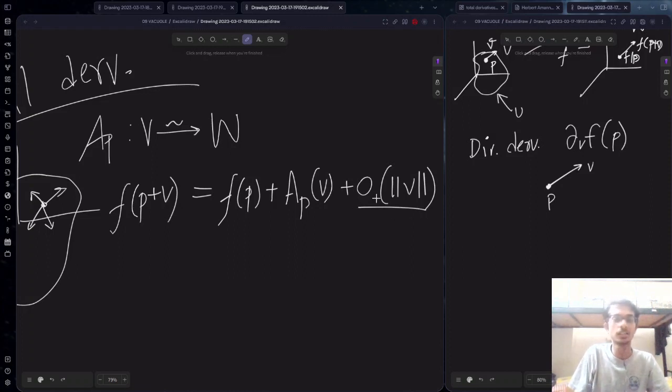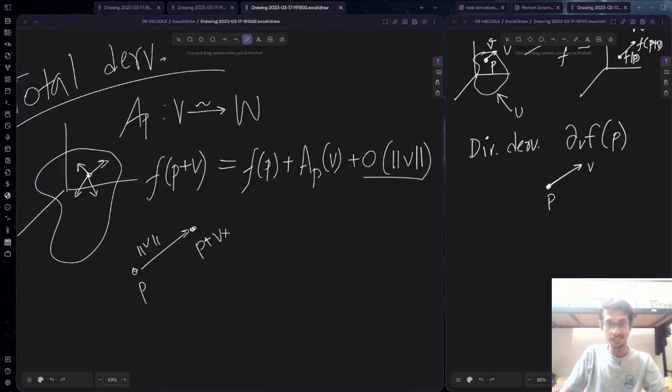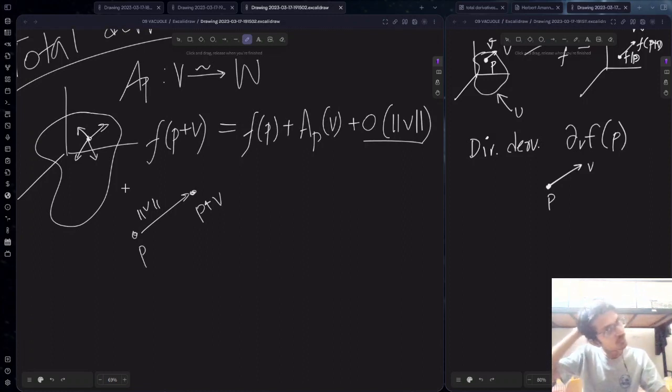The error term should only be in the order of v. It should only matter how much distance I'm going away from v. This distance should be the margin of error. But I don't want to emphasize error analysis, because you can make these proper.